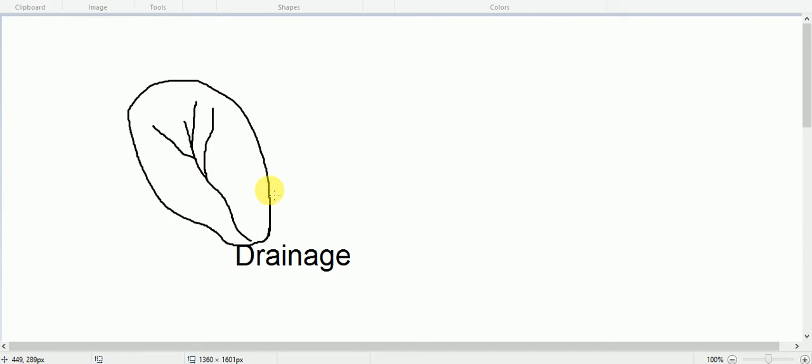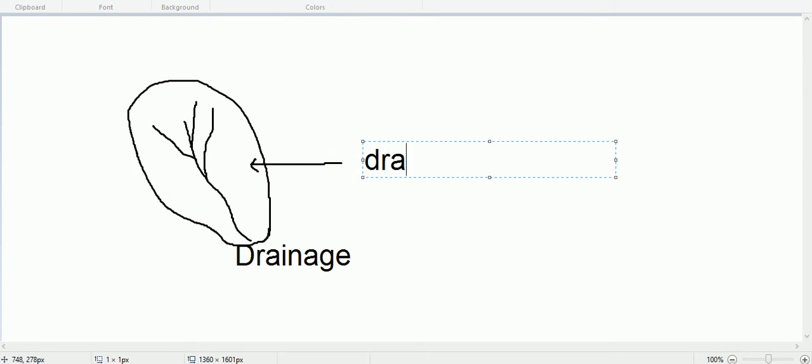Drainage refers to the river system, the river with the tributaries, whereas drainage basin refers to the land surface where the river system is flowing down.